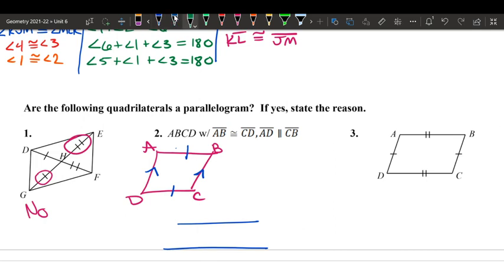Let's see. So if I have this piece, this is my parallel, and that one is a set length. You know what, I could. This is not enough information, is it? Because if this one slanted the other direction, it could be the same length, right?